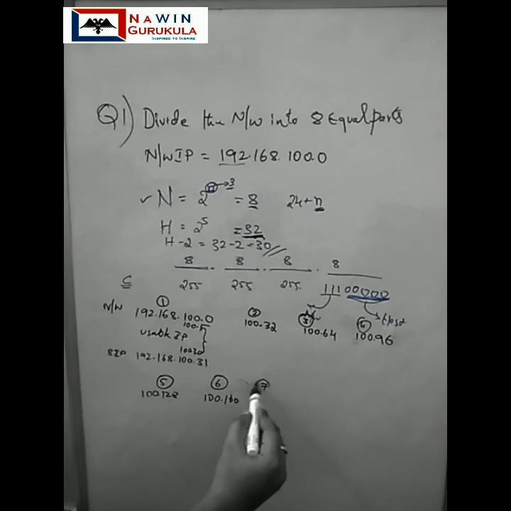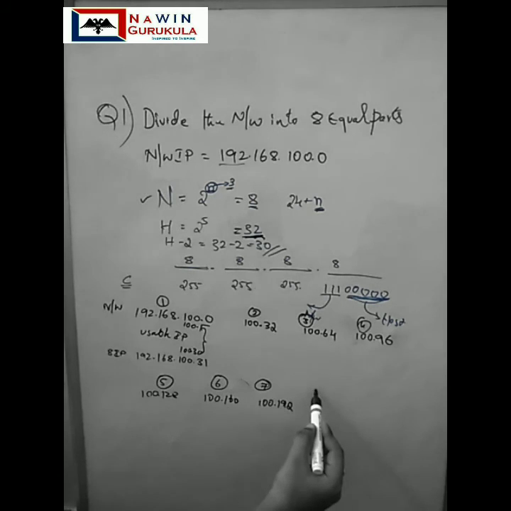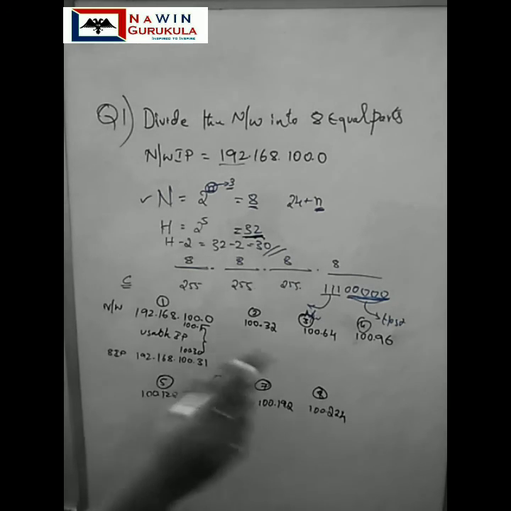Similarly, for the seventh network, it is 100.160 plus 32, which is 192. For the eighth network, it is 100.192 plus 32, which is 224. So right now I have written all the network IPs.